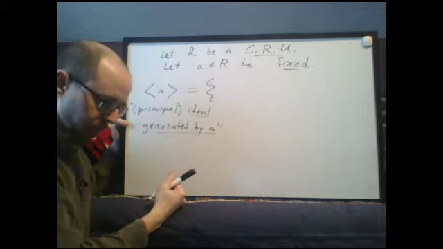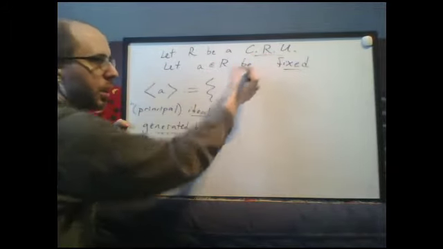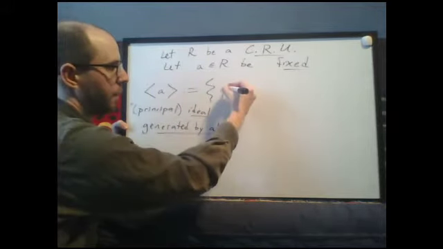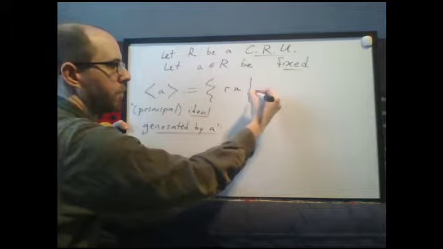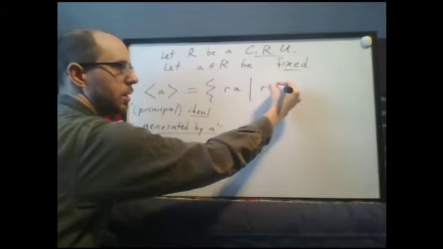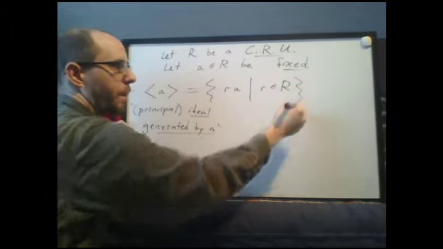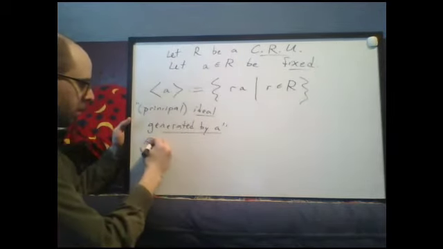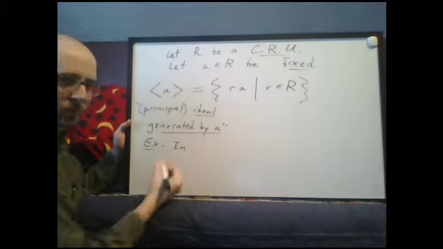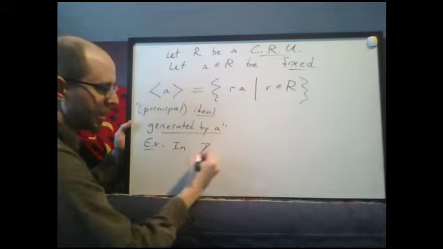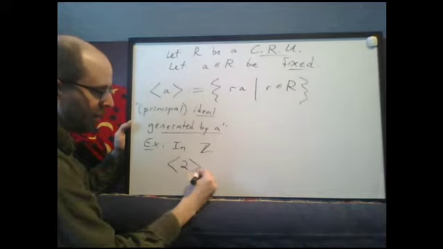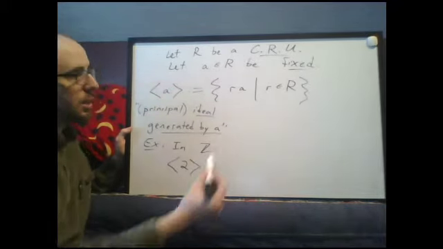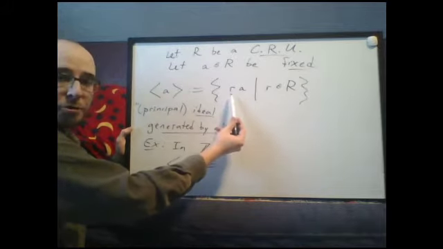So it's things of the form, and since it's commutative it doesn't matter how I write this, let's say ra, such that r is an element of R. Just for illustration, in Z, the principal ideal generated by 2 is the set of integers that have 2 as a factor.